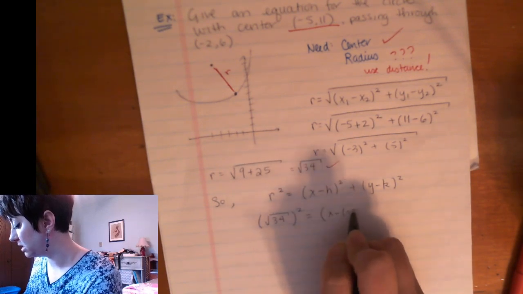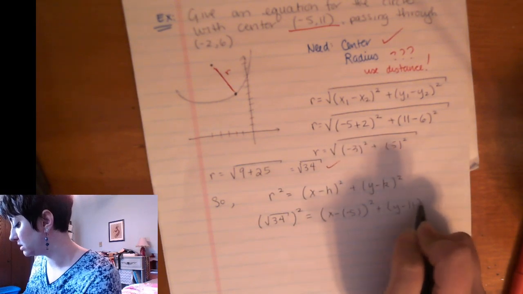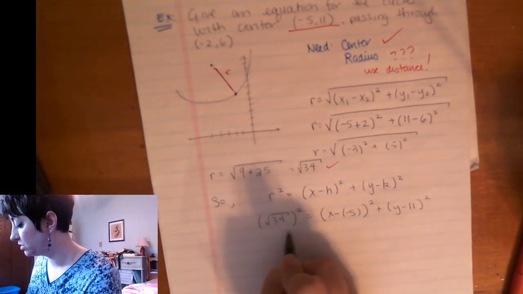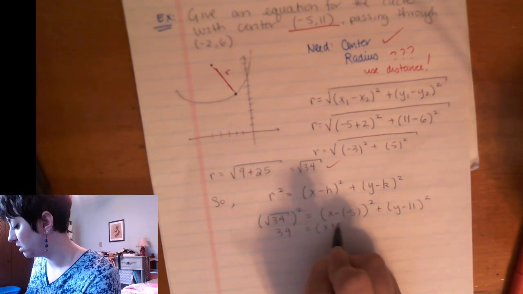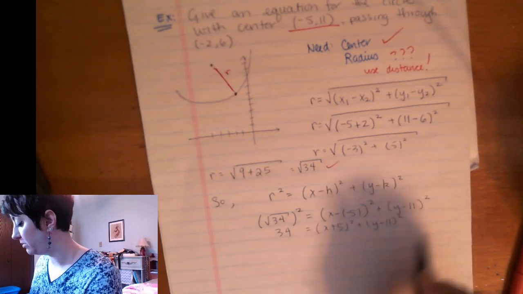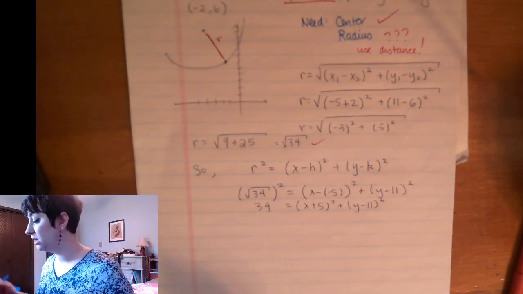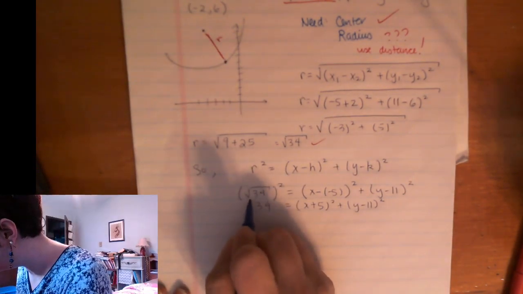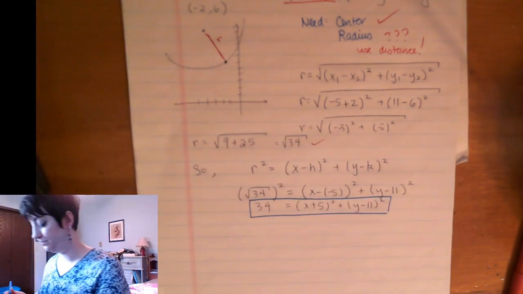H is negative 5. K is 11. Square root squared gives me the argument, so 34. x plus 5 quantity squared. y minus 11. Again, there's nothing else to do. There's no solving to be done. We don't need to multiply out. We're going to leave it exactly like this.